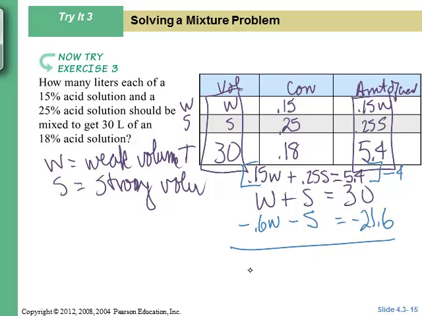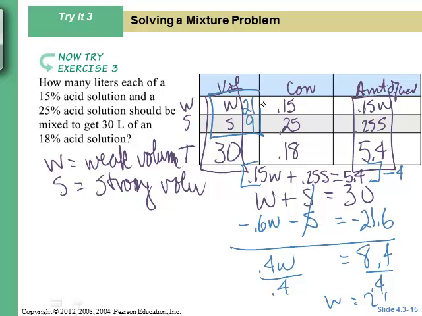Add these two together, we get 0.4W, these cancel, equals 30 minus 21.6 is 8.4. Divide both sides by 0.4. We get 21. So W is 21, which means the strong is 9. 21 liters of weak, 9 liters of strong.